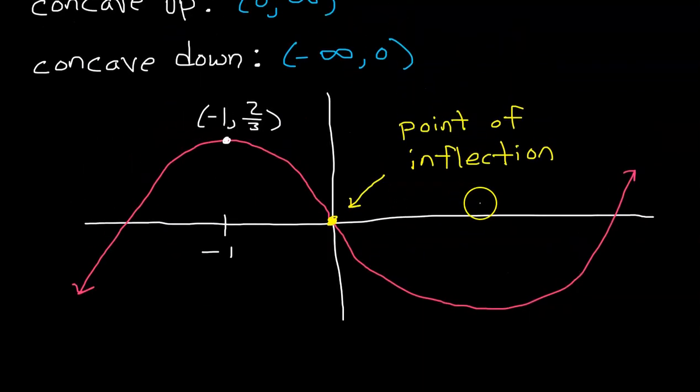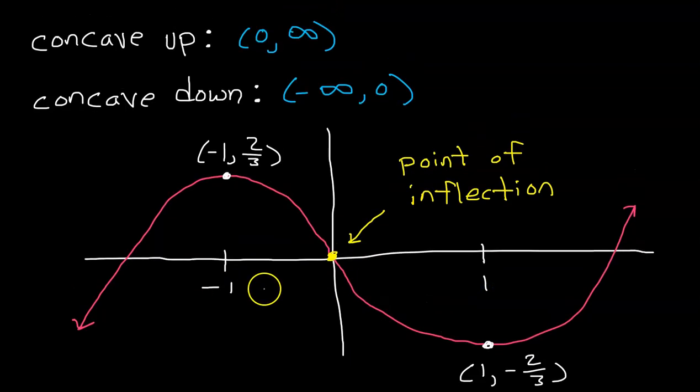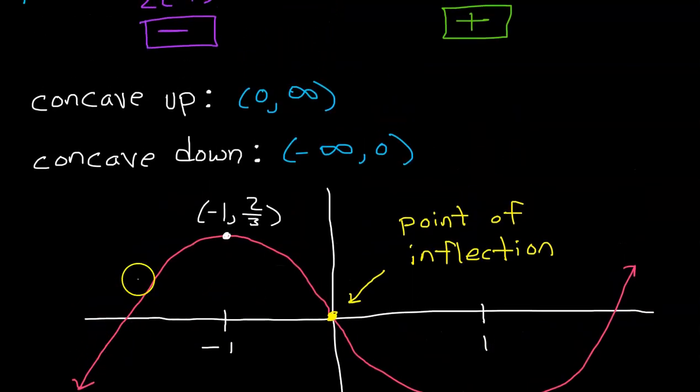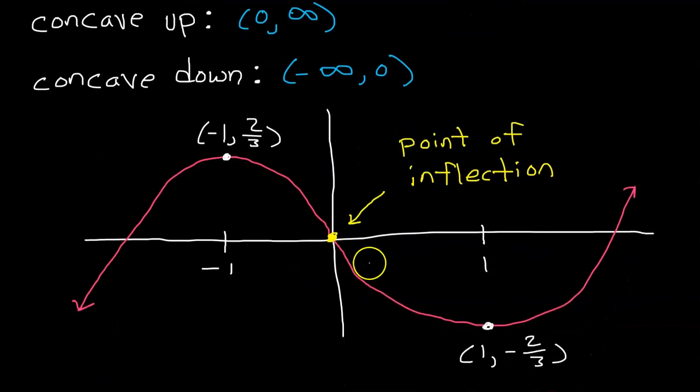All right, let's go ahead and improve our graph. So this is a relative min at +1, -2/3. Okay, so notice how this fits the original sort of guess that we made based on concavity.